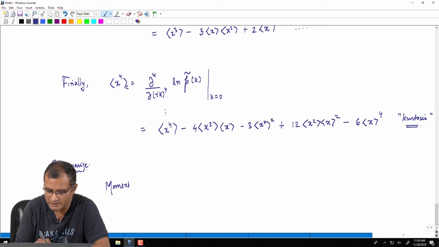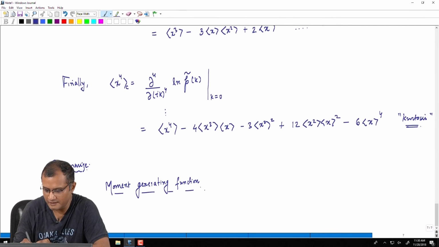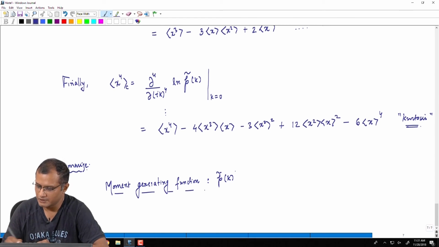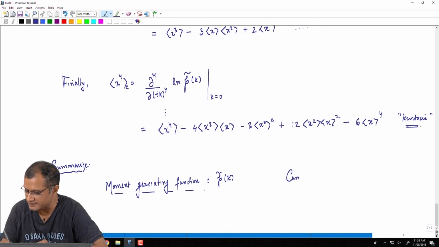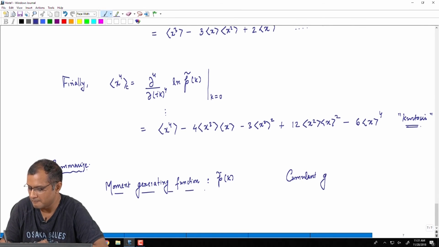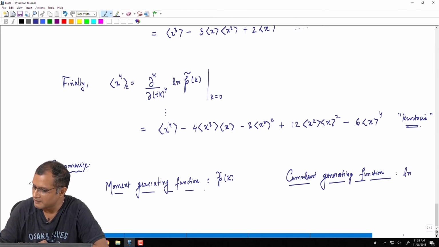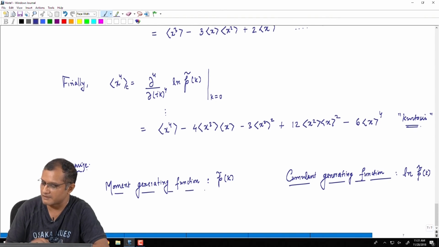So, if you want to generate moments, then you basically use just the characteristic function, which is the Fourier transform of your PDF, or if you want the cumulant generating function, then you can use a logarithm of the characteristic function.